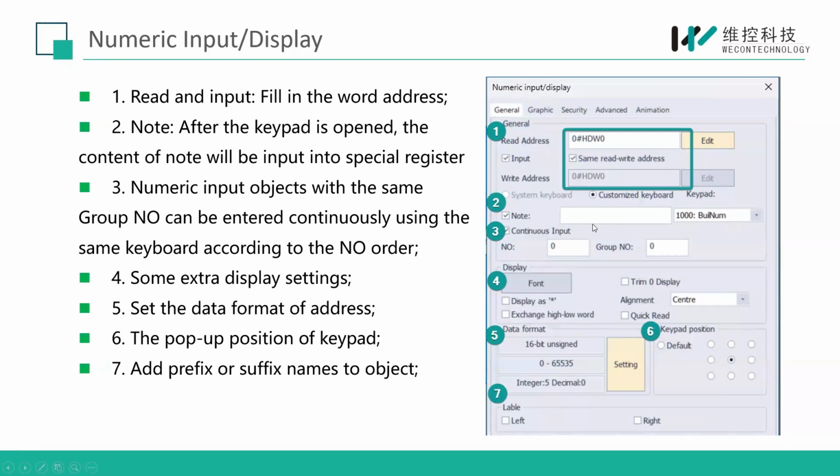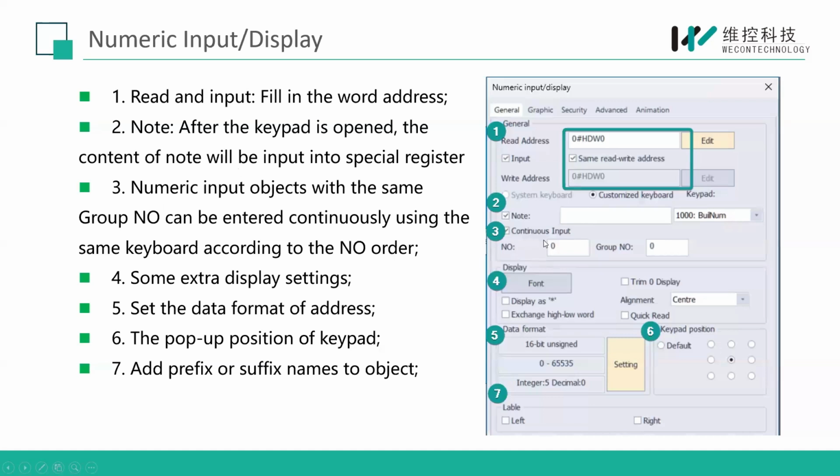So you can use it like, if you have to set an alarm such as please do not write a value over 50, this kind of message you can write into this note. While this keypad's 1000 bit number is on, it will be displayed on this keypad, at the top of this keypad. So you can use this note for that.